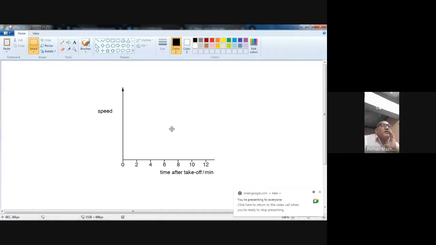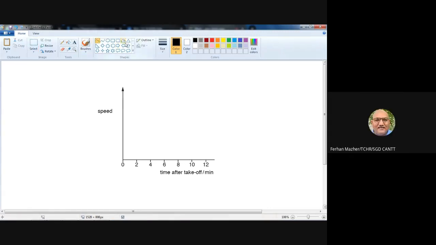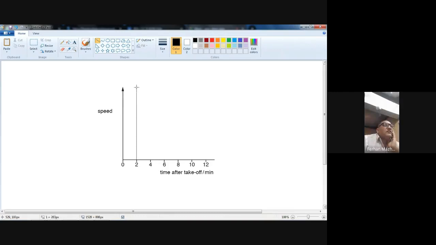Okay, so here we go. So let me draw some lines so it will become very easy for you. I'm just trying to make a grid, okay?